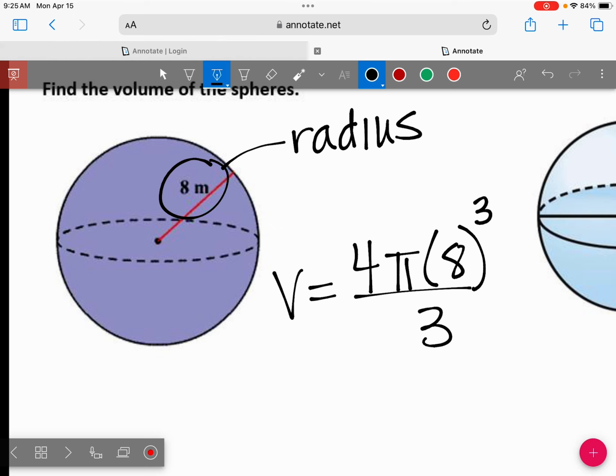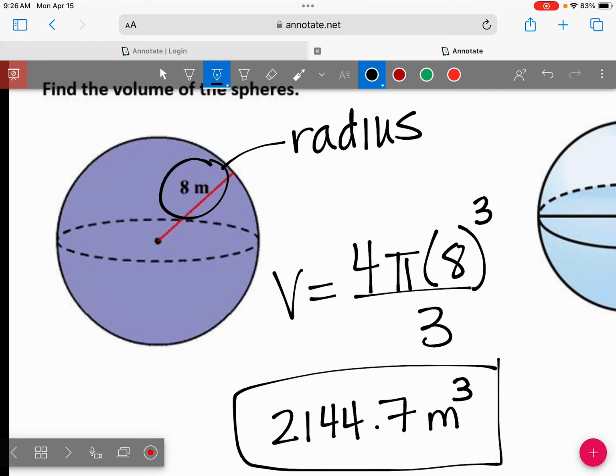Type it in. So I got 2,144.7 meters cubed. Anyone else get that?